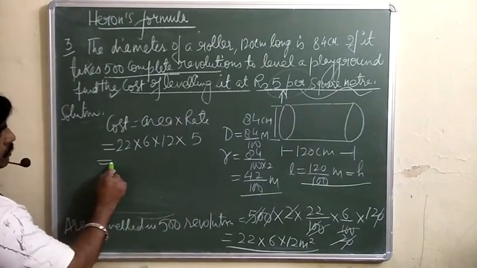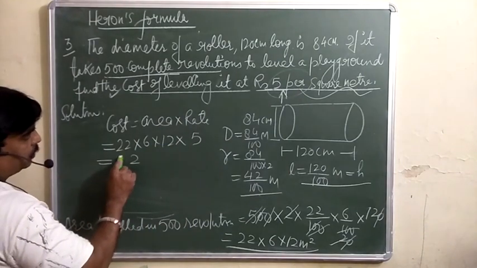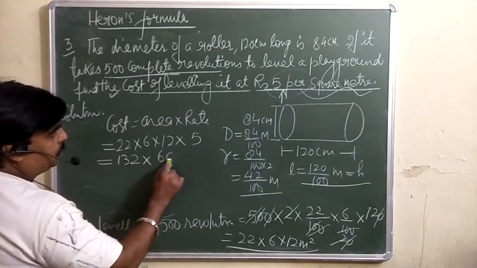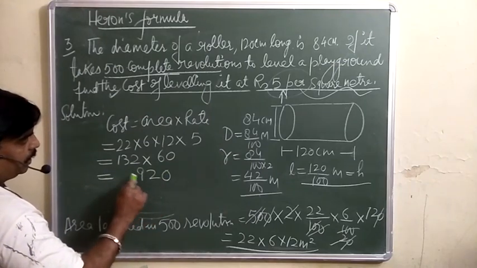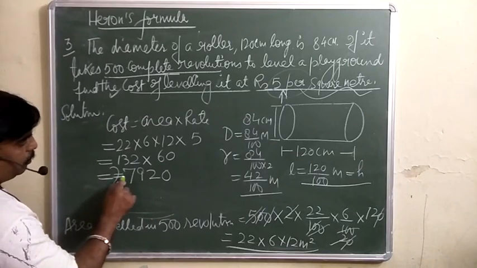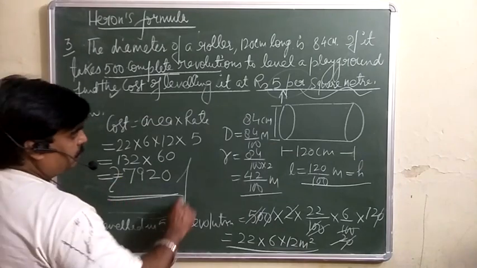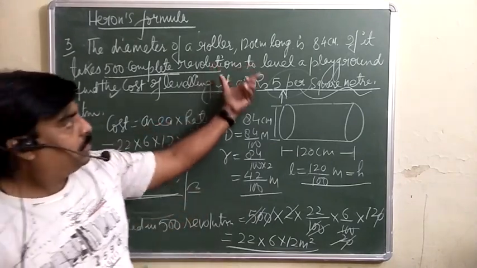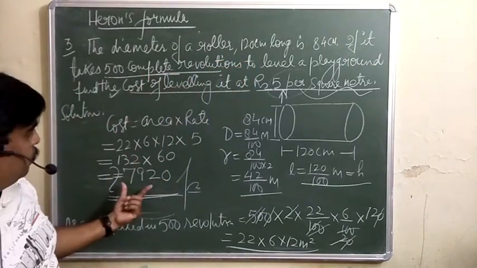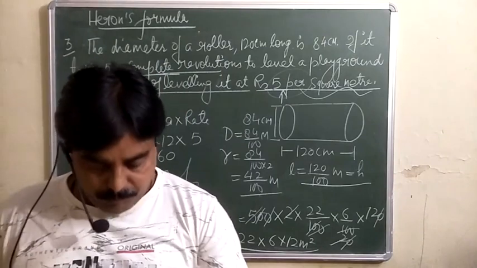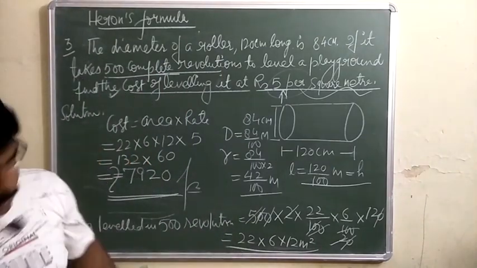Now you can solve this. So this is 2 132 into 60, which is 7920. So this is the amount which we require for leveling this playground. You can check your answer also. Yes, have a look.